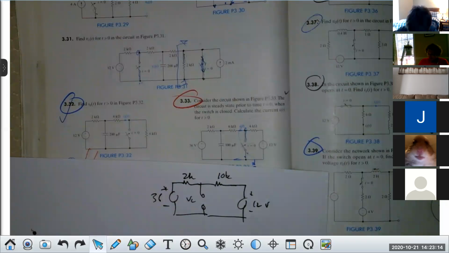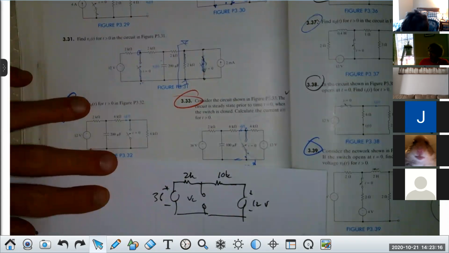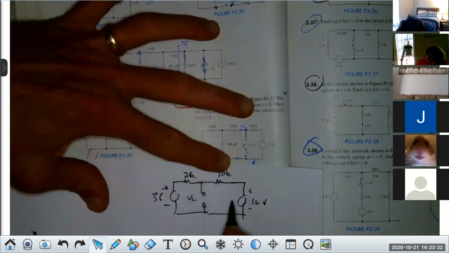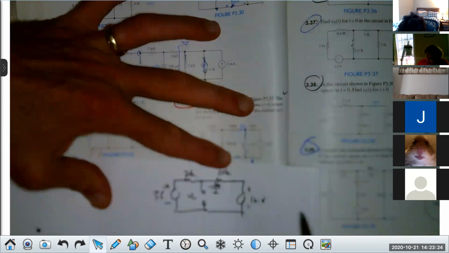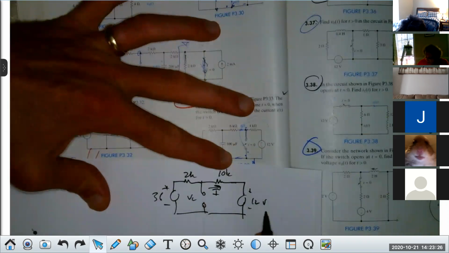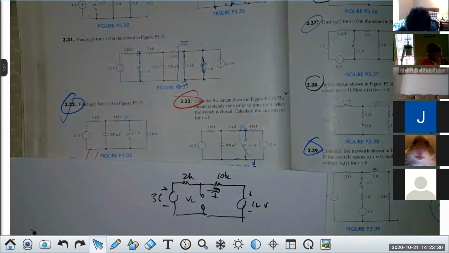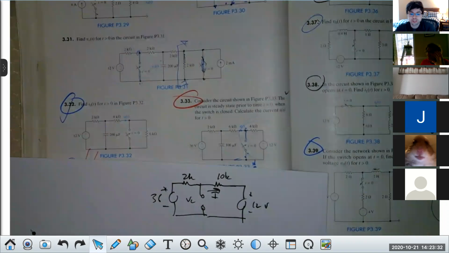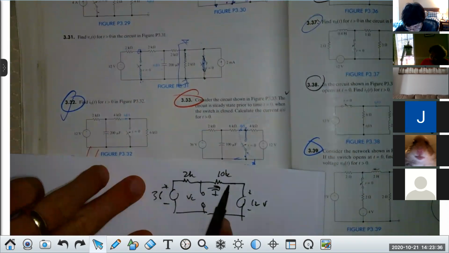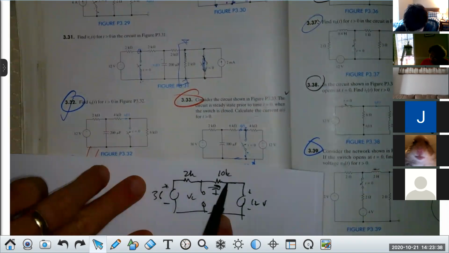If I want this voltage, my opinion is the easiest way to do it is just find the current and then find the voltage across that 10K and add it to the 12. Do you give me that, people? How about if I add this and this together, which is 12K.